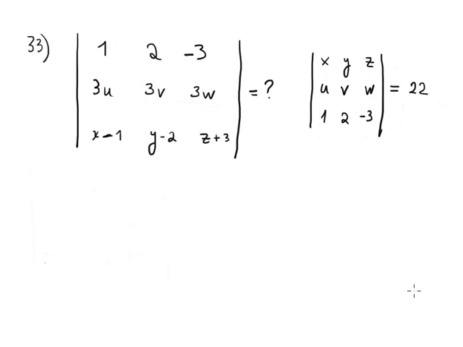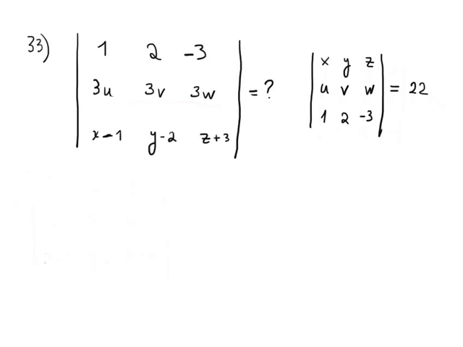Okay, question 33 is the same thing. It's using the property of the determinant to find the value of the second determinant if the value of the first is given. I need to find the value of this determinant, and the information that we have is the given determinant. We need to transform this little by little.